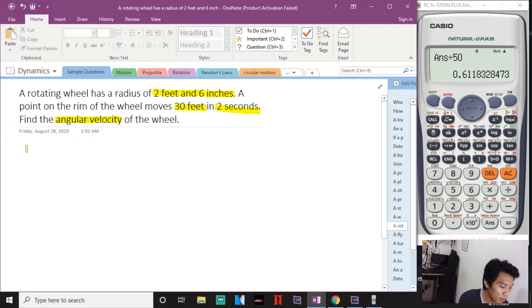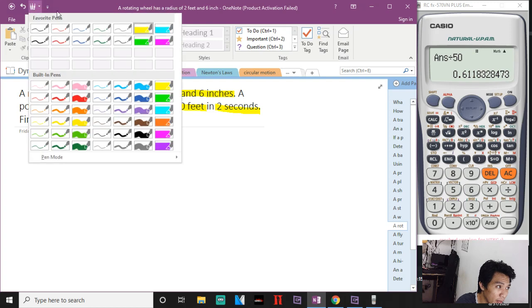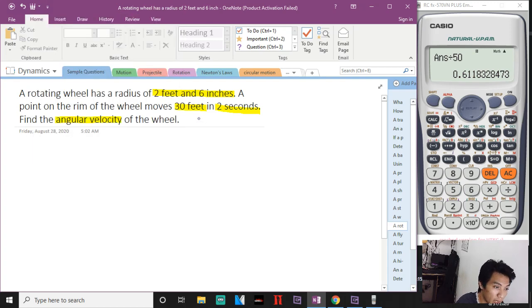So for the velocity of the wheel, aalamin muna natin since meron tayong given dito na velocity. Okay? Paano natin makukuha yun? Wala namang given na velocity pero may masosolve tayo. Take note. Binigyan ka ng S, binigyan ka ng T. You recall yung linear velocity is equal to S over T. So v equal to 30 over 2.